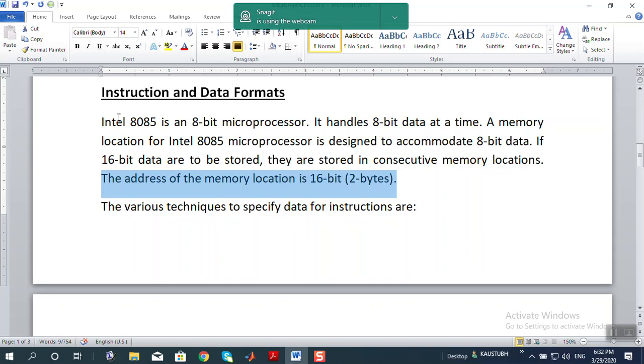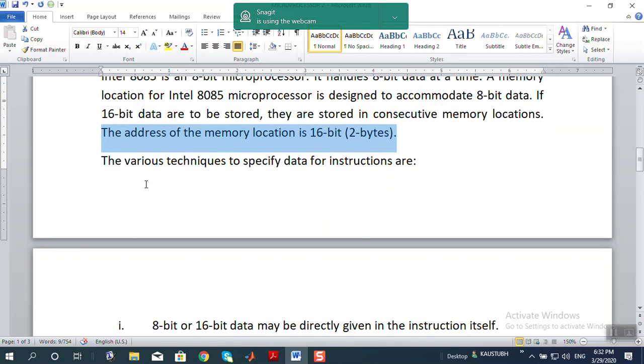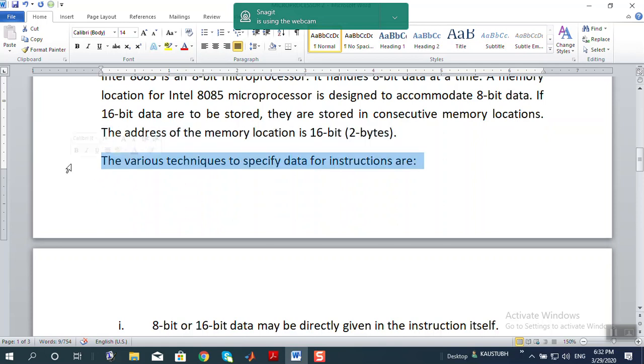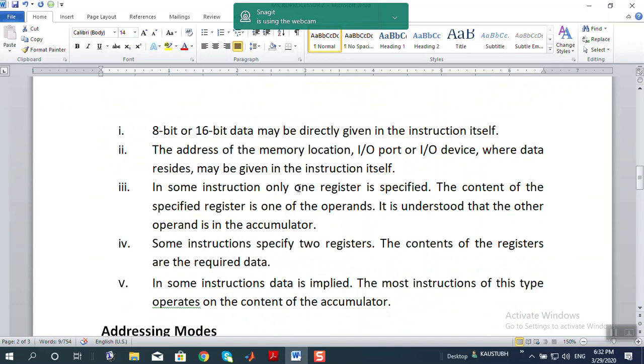So it has to have the data. Before operating, the microprocessor should identify where its data is. Based on that criterion, the techniques to specify data for any instruction in the 8085 are of 5 types. So what are those?